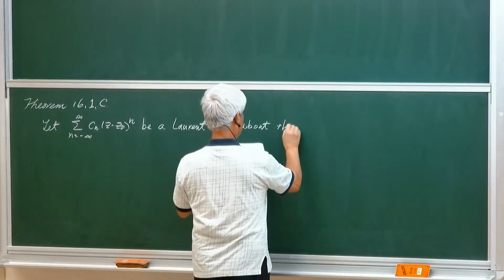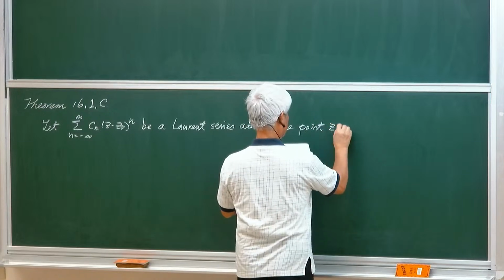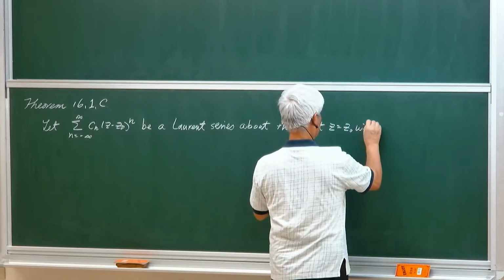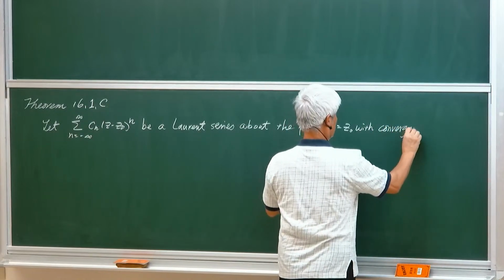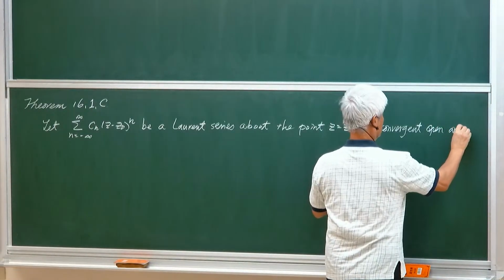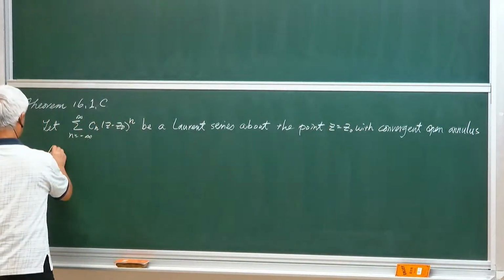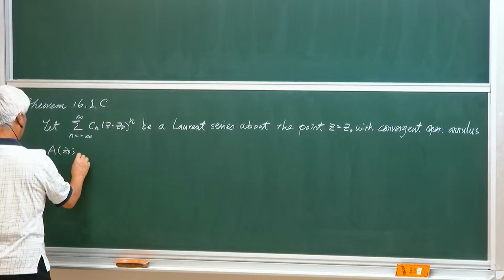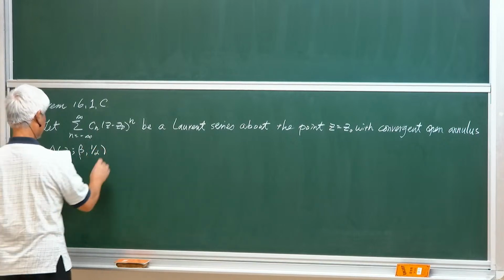about the point z equal to z sub 0 with convergent open annulus A of z0, beta and 1 over alpha.